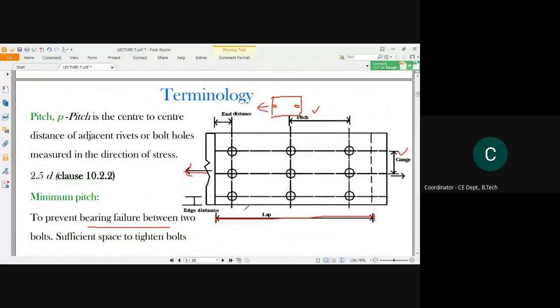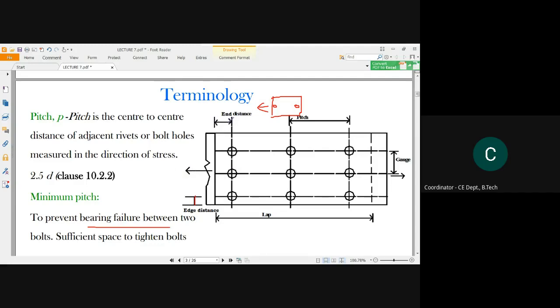See, this is the edge distance. So this part will be the edge and this part will be the end. You can compare this edge and end with the direction of the stress.